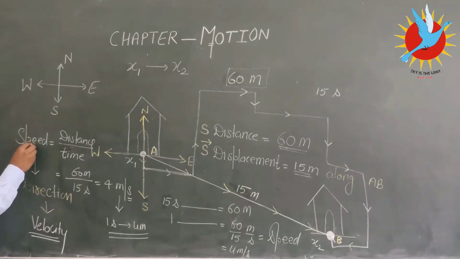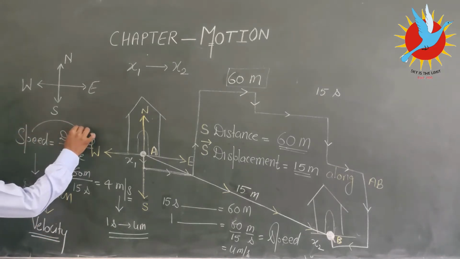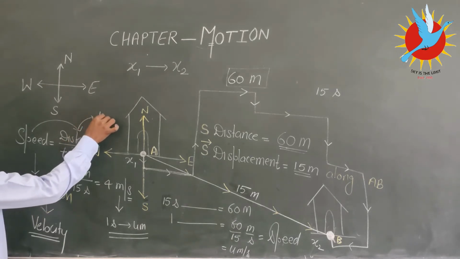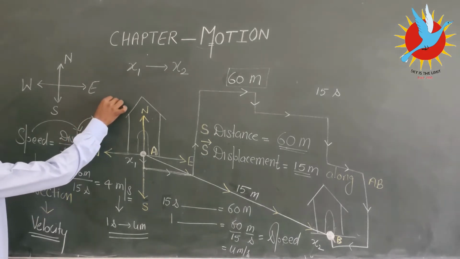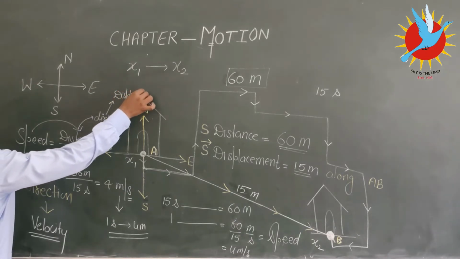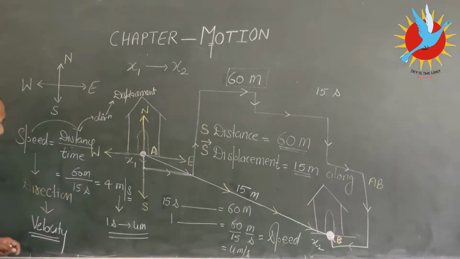And when distance gets a direction, we know that it becomes displacement. If you want to take velocity, then you give a direction to speed, and it becomes velocity.